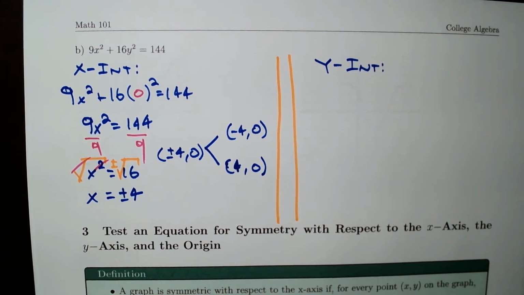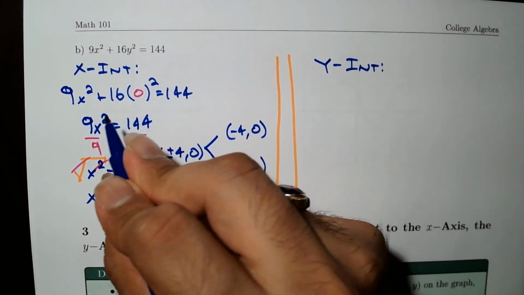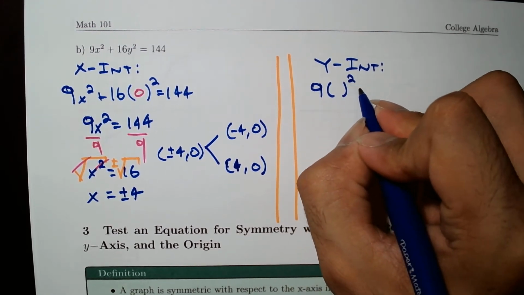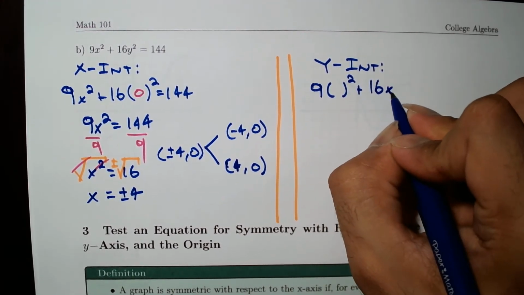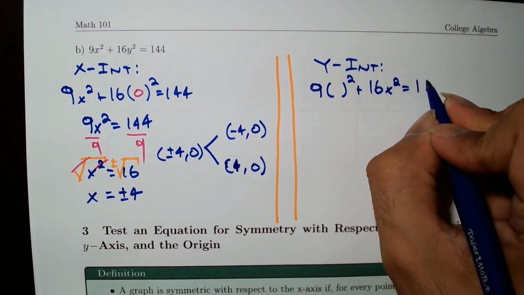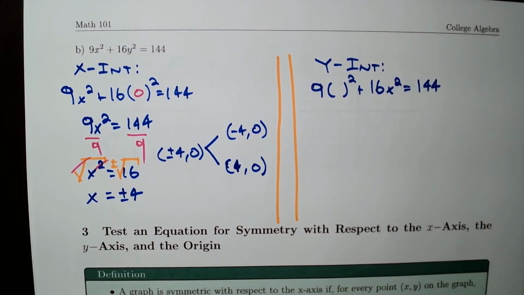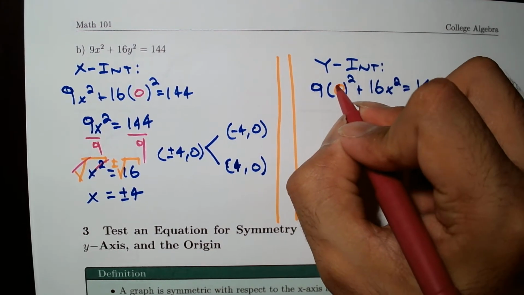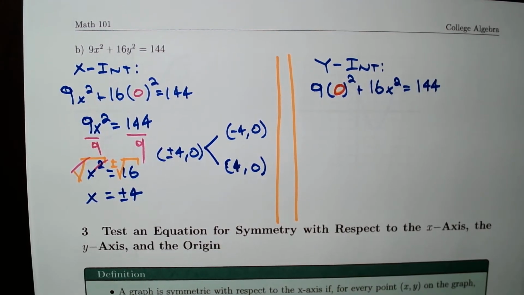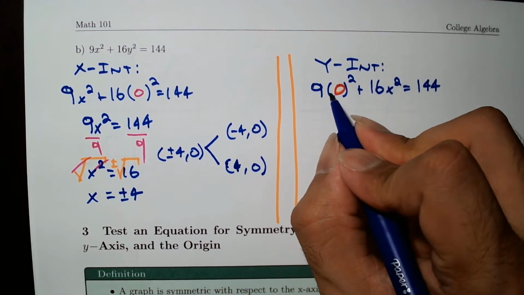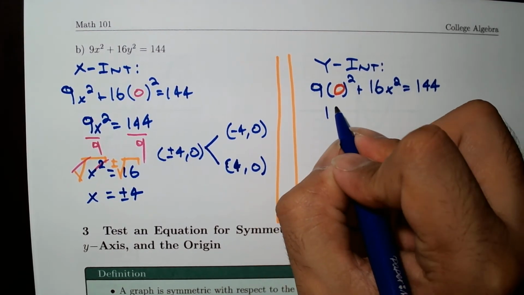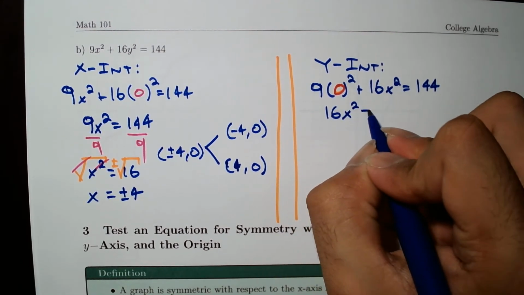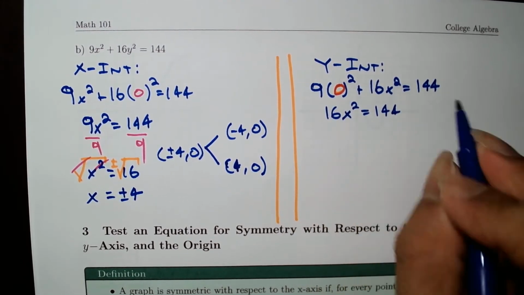For the y-intercept we set x equal to 0, and solve the equation for y in this case. Okay. So again, 0 squared is 0 times 9 is still 0. That's going to be 16 times 16y squared equals 144.